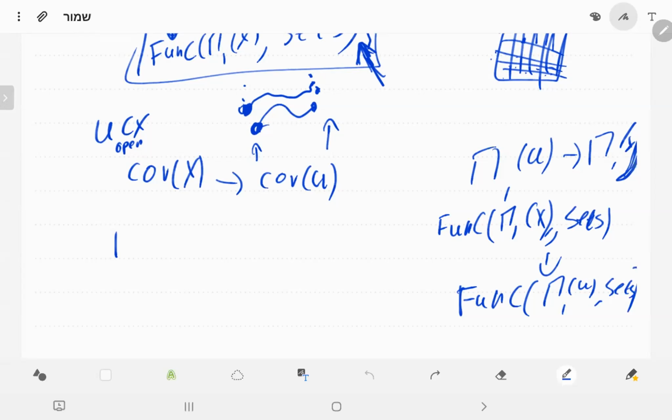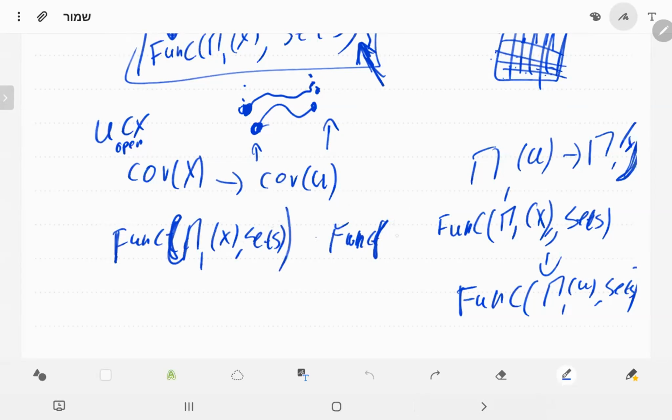Okay, so let me write it here. Functors from pi1 of X to sets, and functors from pi1 of U to sets.